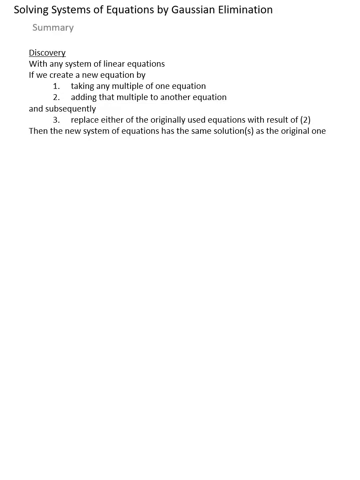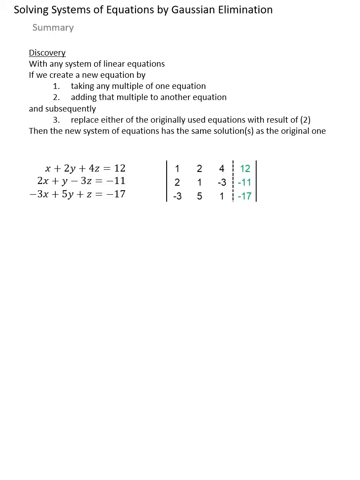So in summary, a discovery was made centuries ago that enabled mathematicians to solve systems of equations in a more efficient manner. We saw this system of equations as an example, and when you're given a system of equations, convert it to a matrix. Use any row operations of your choice.